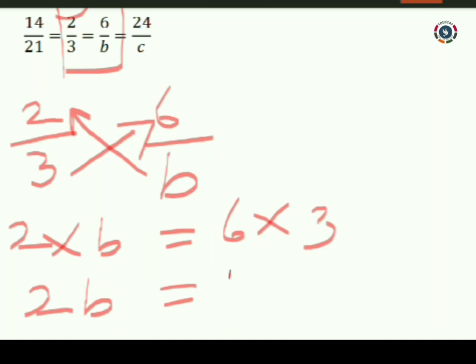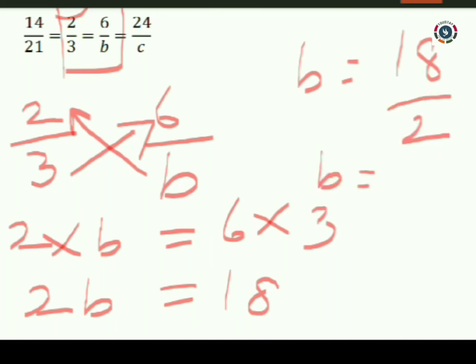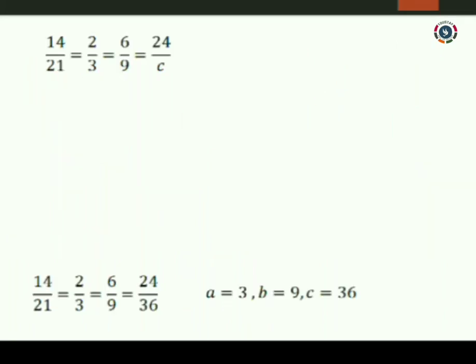Next, 6 into 3 is 18. So b equals 18 divided by 2. 18 and 2 both are divisible by 2. You will get the answer as 9. So your b value is 9. We have found the values of a and b. a is 2 and b is 9.